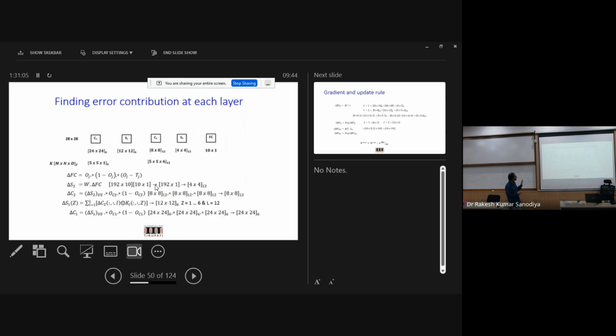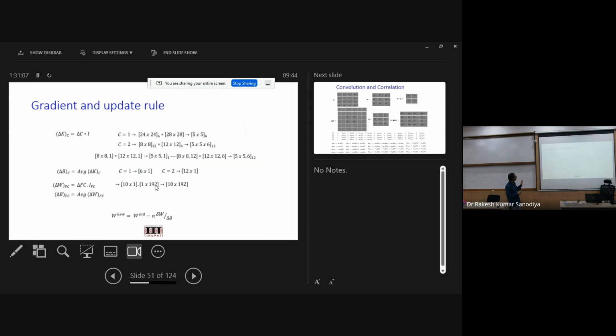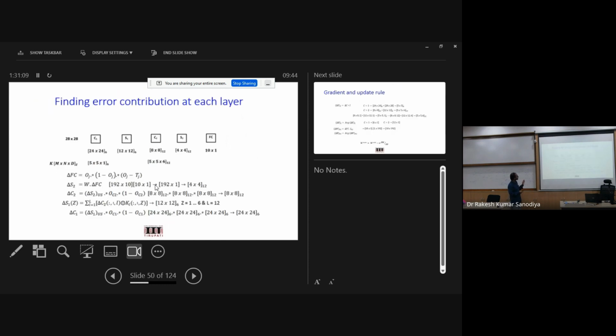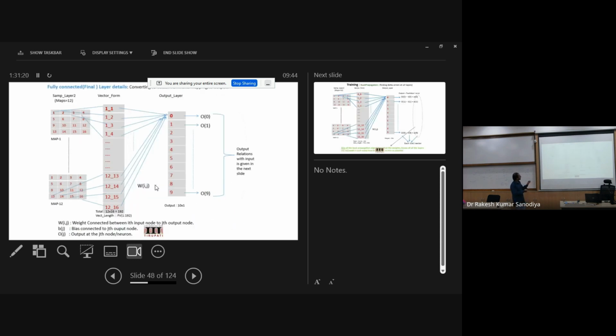Now, how is that done? Let me give a small picture. You are at the fully connected layer. Say you have these outputs, and this is a weight matrix. You know how to update these weights. Now, from the fully connected layer, you want to go back and update the kernel weights.